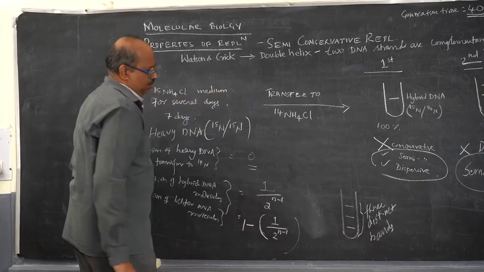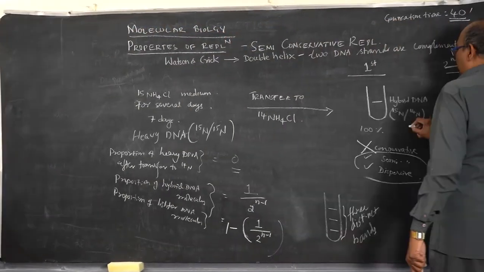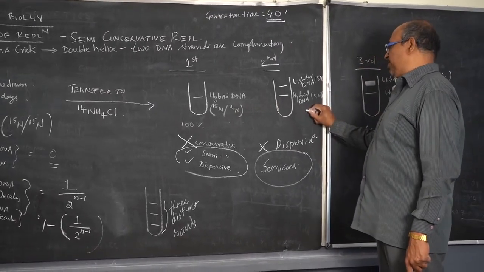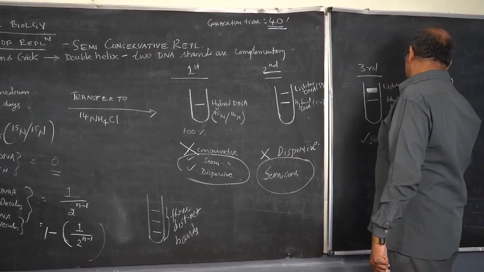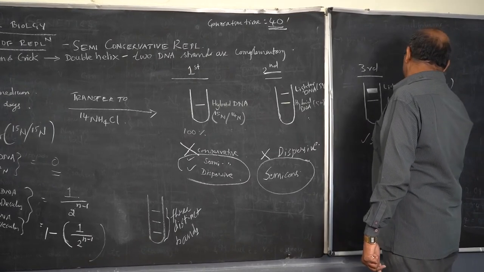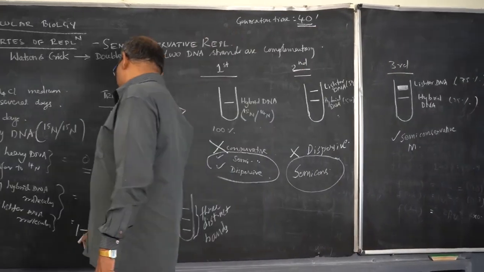So if you subtract, you get it. Here the lighter DNA is 0. Here, 100 minus 50, that means 50%. Here the hybrid DNA is 25% and the lighter DNA is 75%, so 100 minus 25.